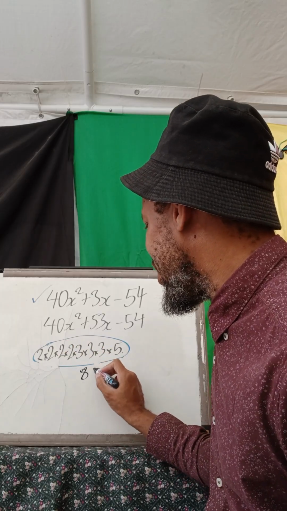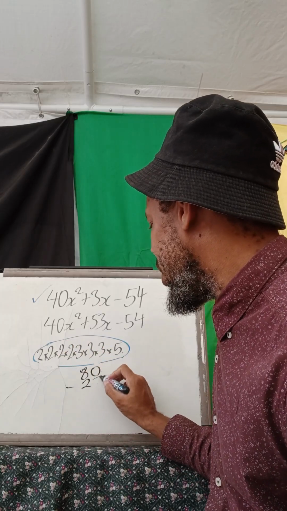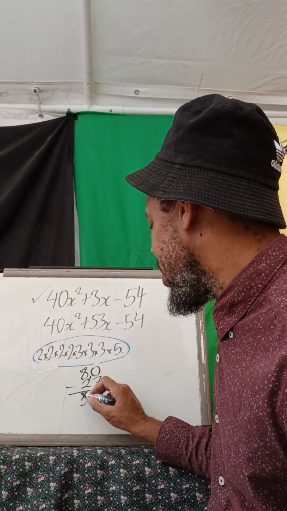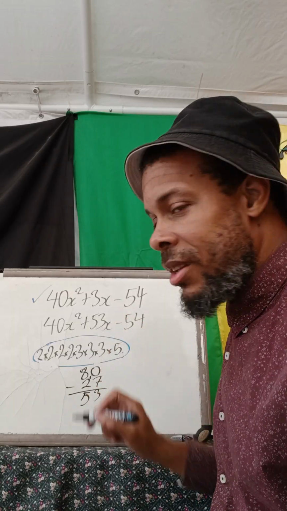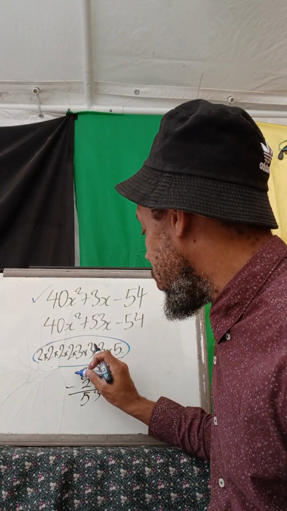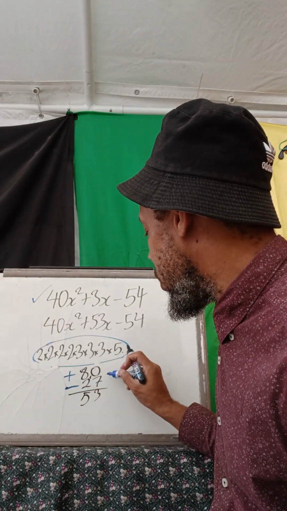So 80 minus the 27. 8 minus 3. There you go. That's how you get the 53. Now, you want a plus, so this would be a plus here, minus here.